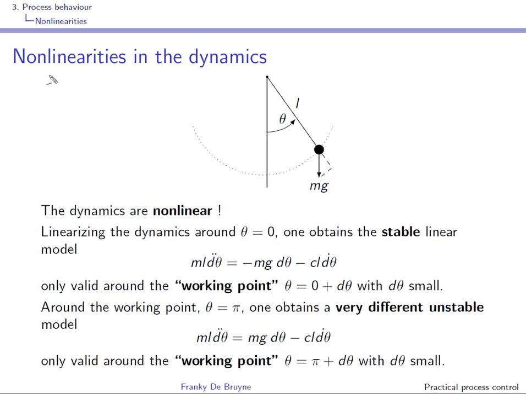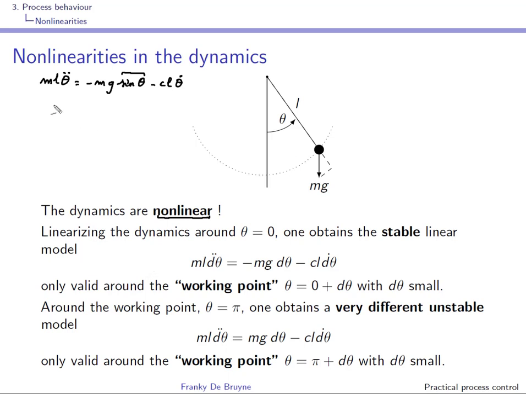Remember that the dynamics are m L theta double dot, mass times acceleration, equals the sum of the forces, so minus mg sine theta minus c L theta dot. As you can see here, the dynamics are nonlinear, and this is because of this sine theta in the differential equation.